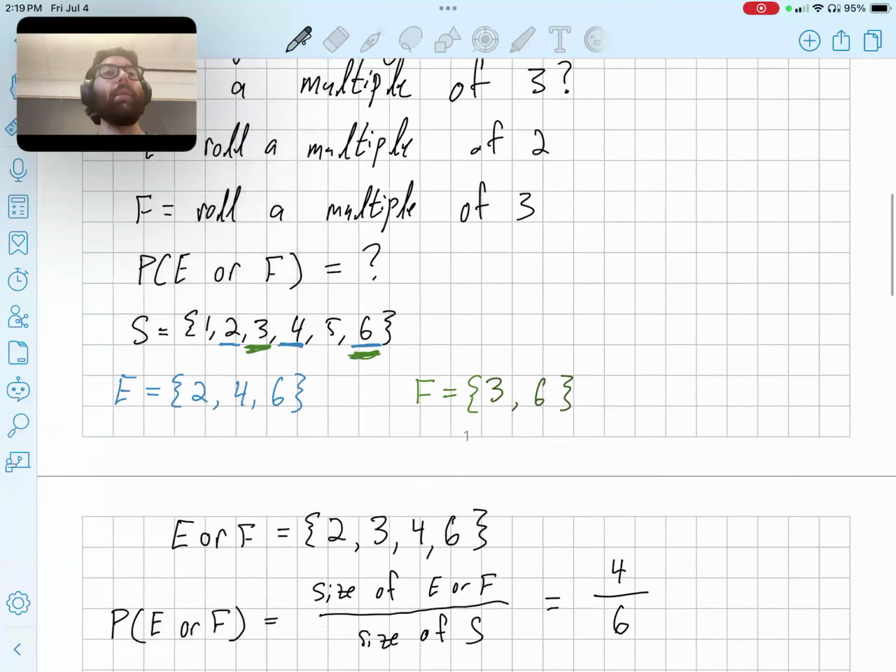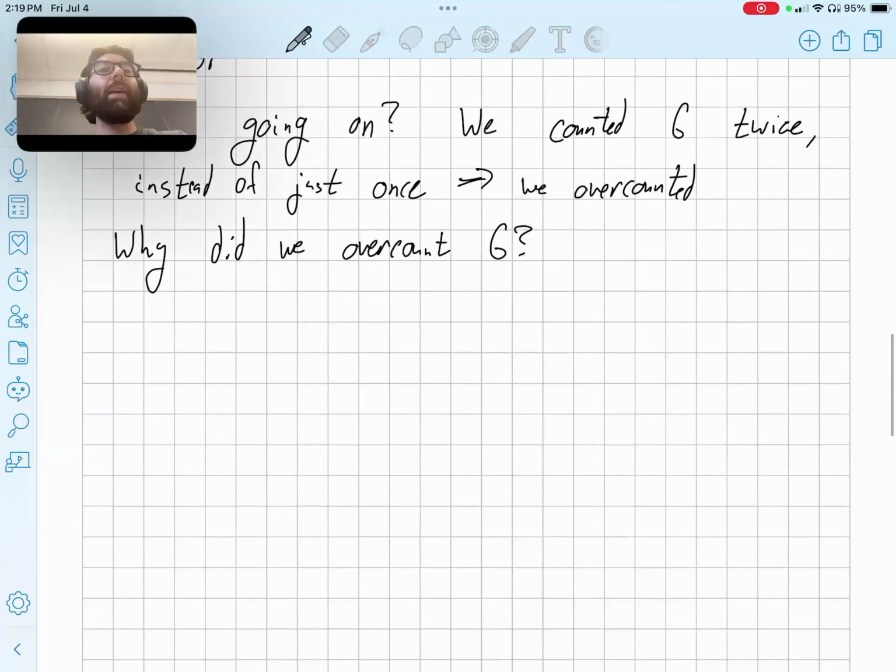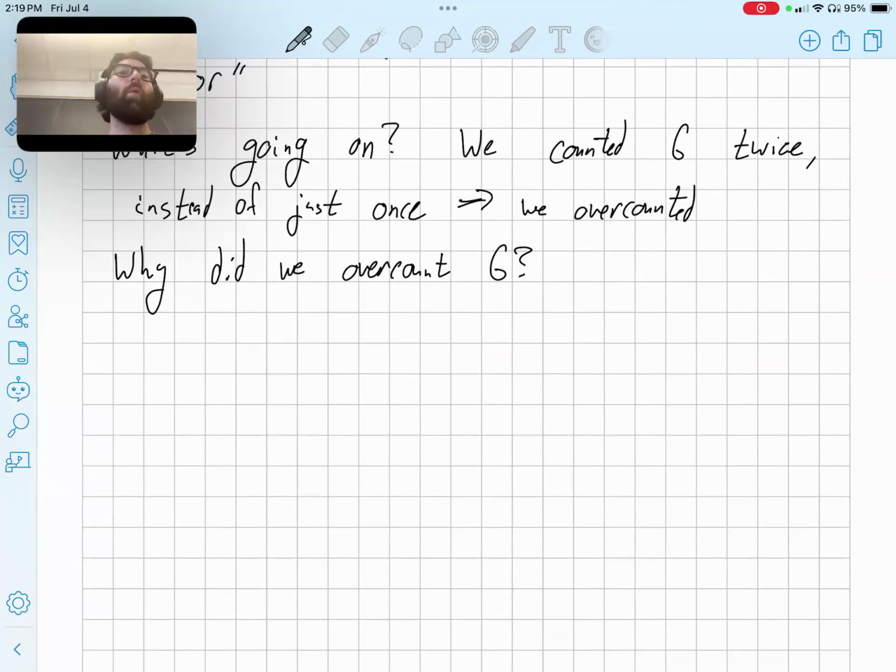Well, because we counted it once when we looked at E, and we counted it once when we looked at F. And so what this tells us, and we can directly see, 6 is a multiple of 2, and 6 is a multiple of 3. And so we counted it twice because we counted it once for multiple of 2, once for multiple of 3.